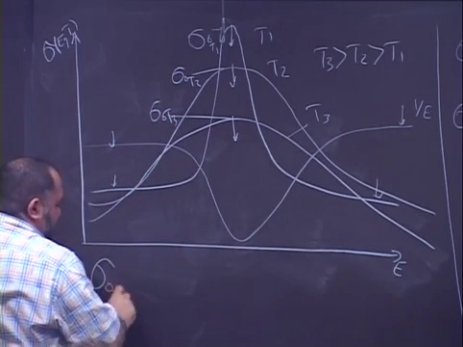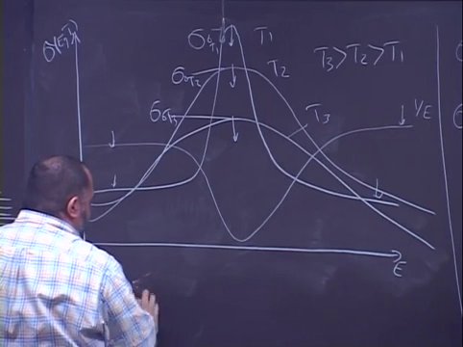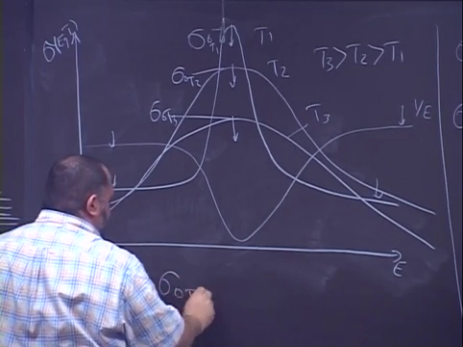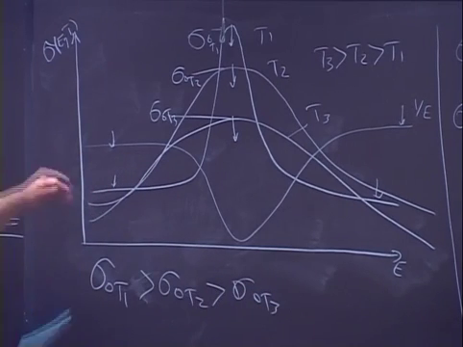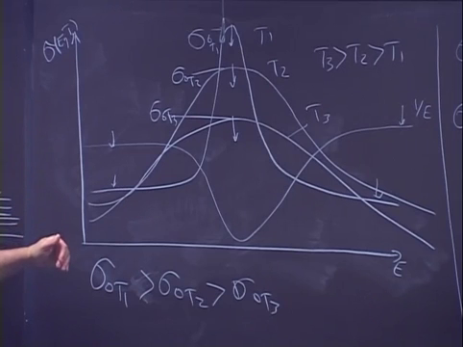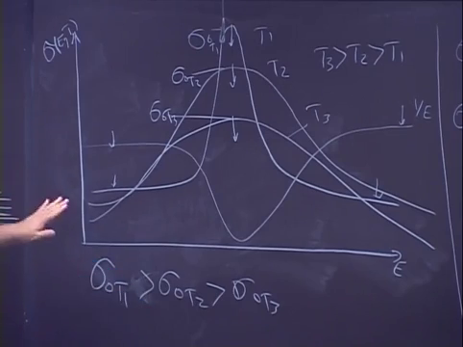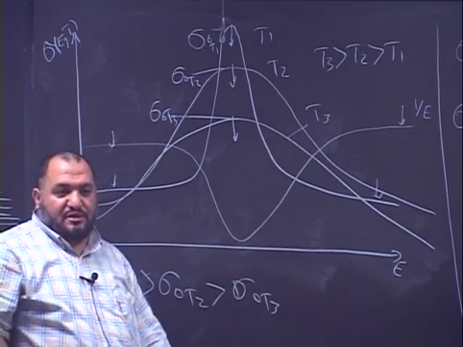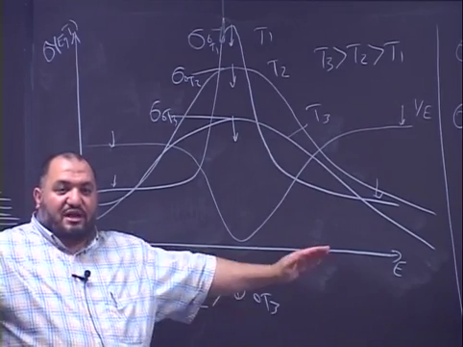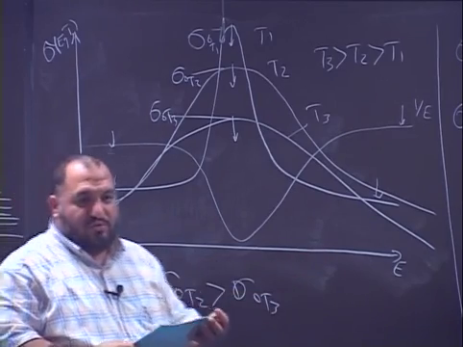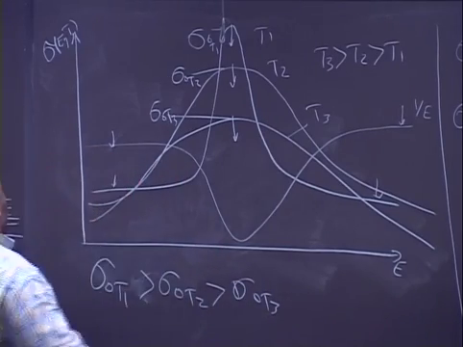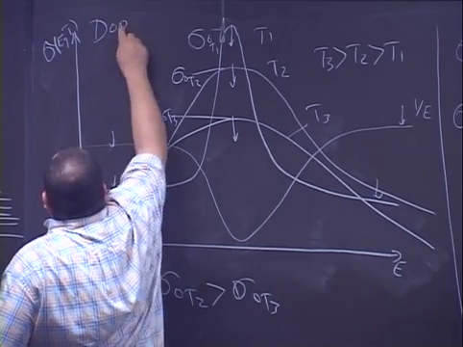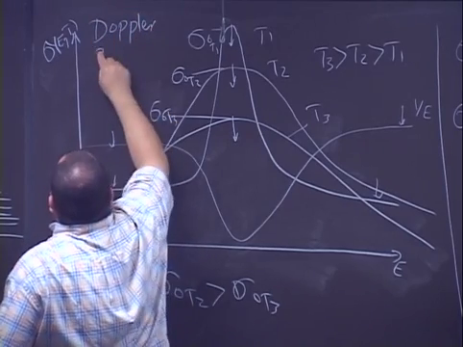Sigma naught at T1 is greater than sigma naught at T2 is greater than sigma naught at T3. So the value of the cross-section at the resonance at E naught goes down, but the total area under the curve stays constant, because yes, you reduce the height, but you smear it out. So the total area will be the same. This is called Doppler broadening. It's exactly the same like what?